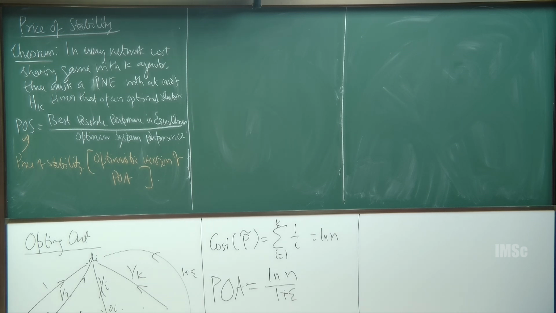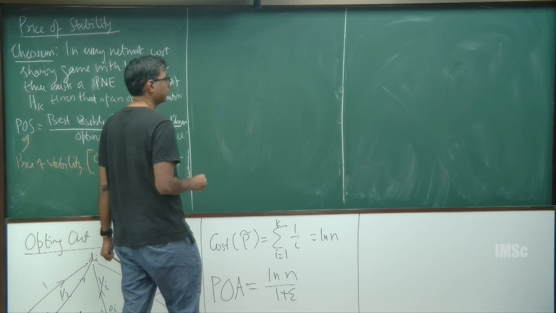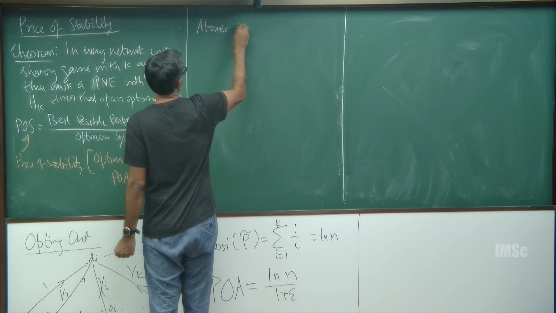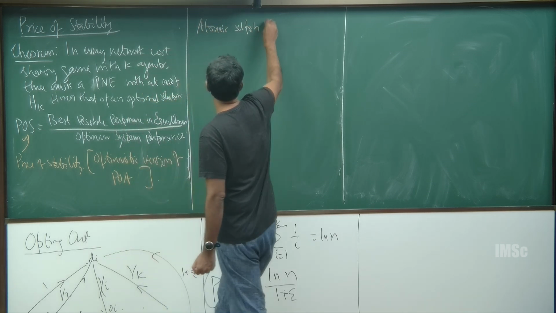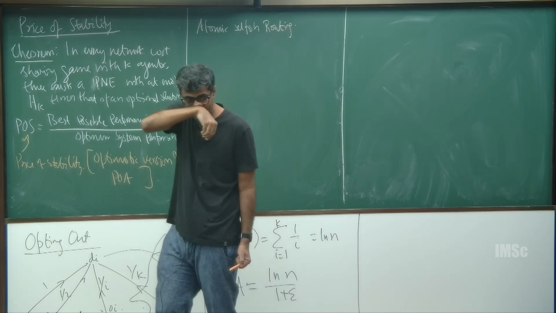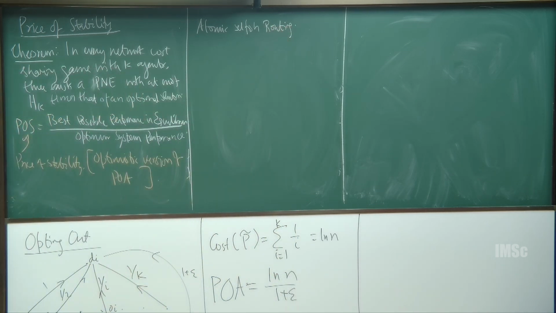And this is where I do not understand some things. I think you must have seen a proof about atomic selfish routing. Have you seen the proof for atomic selfish routing?